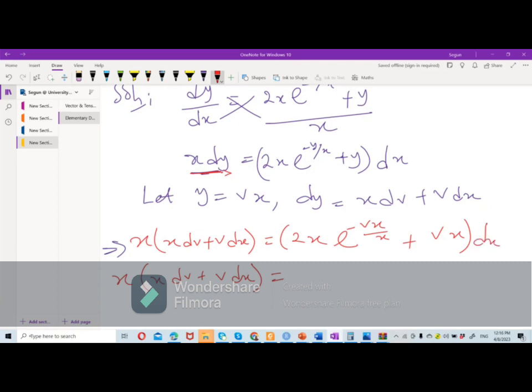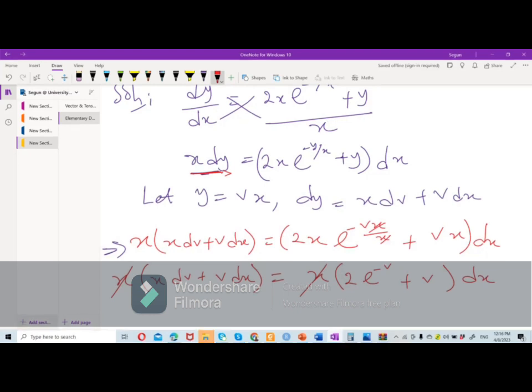Don't forget the x. I can factorize the x out by saying 2 exponential minus v, x minus v, because x will cancel x here, plus v dx. So this x will cancel this x.